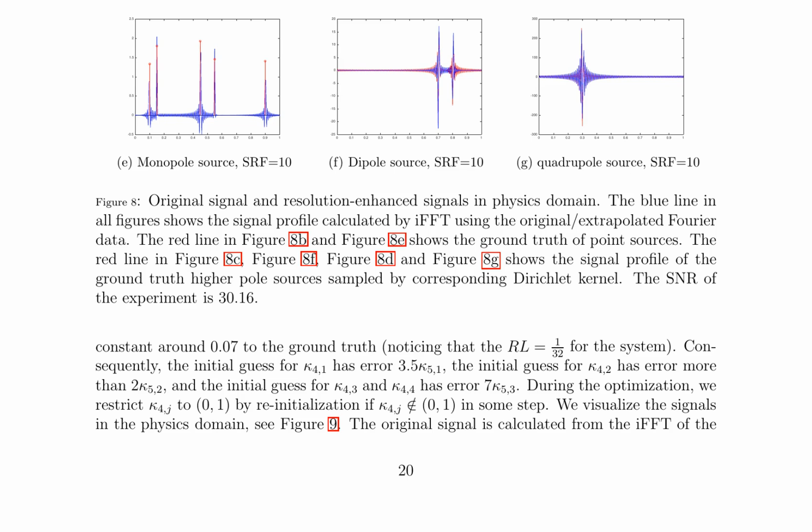The signal is visualized on 2 finer grids with step sizes of 1/127 and 1/4095, respectively. The initial guess of the parameters is obtained by adding or subtracting a constant around 0.07 to the ground truth. The signal-to-noise ratio, SNR, of the experiment is 30.16.